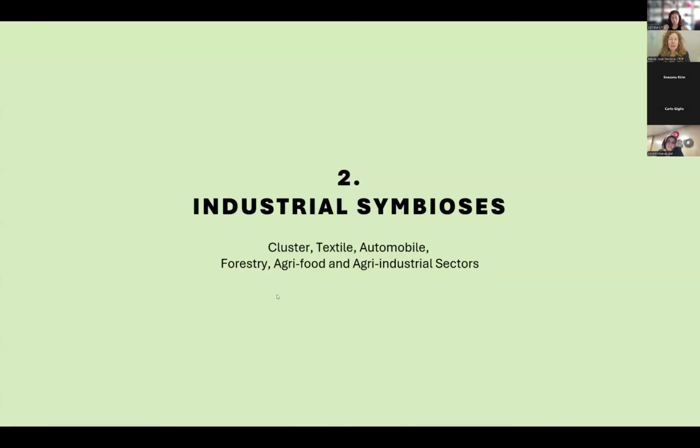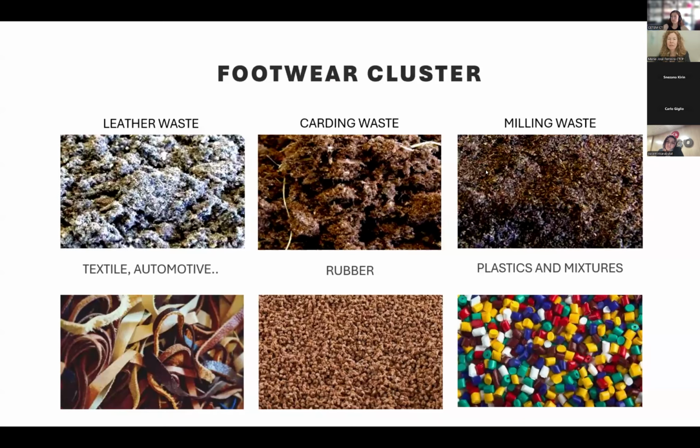And to do this, we do believe in industrial symbiosis. What we are doing is already industrial symbiosis within our cluster, but also with other industries: textile, automotive, rubber, plastic industries.